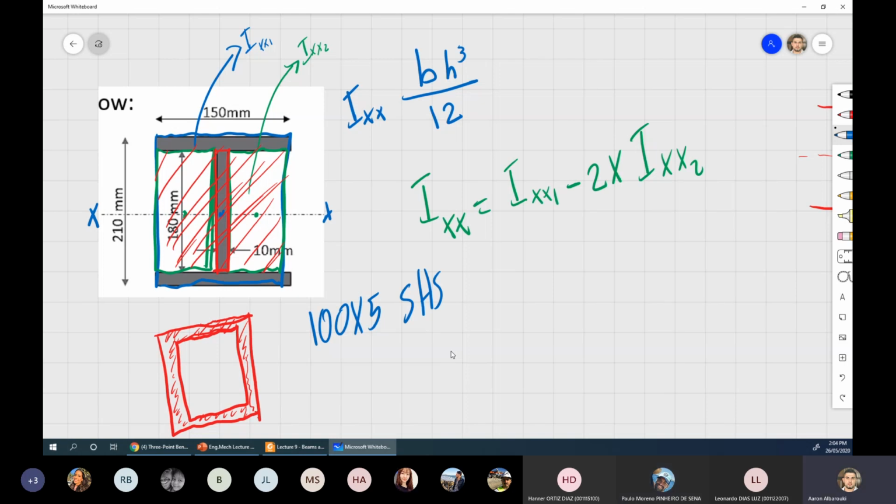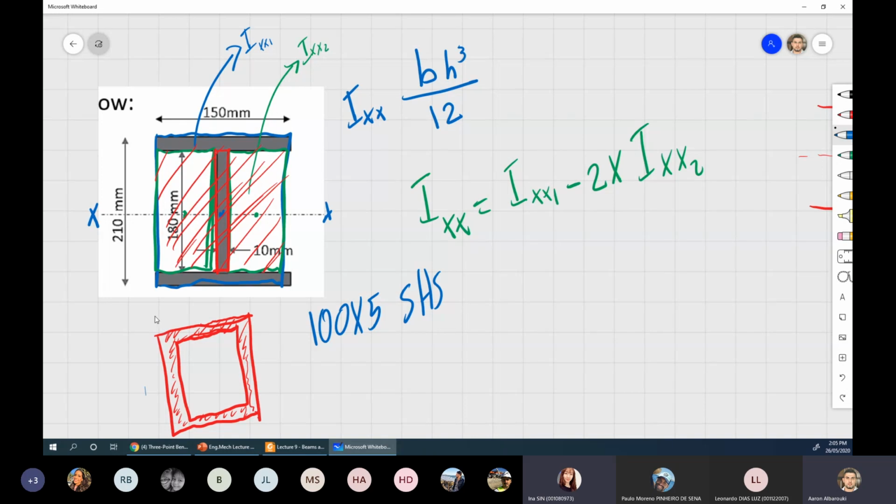Yes, Ina, please go ahead. Square. What does it mean, 100 by 5? It's the outside, the same length, height and width. The depth and the length is 100.